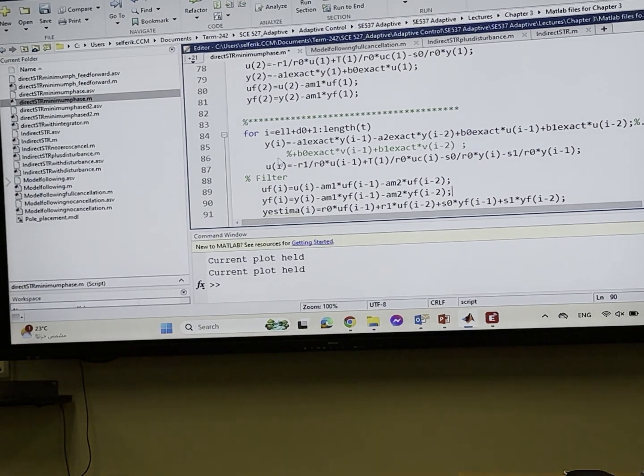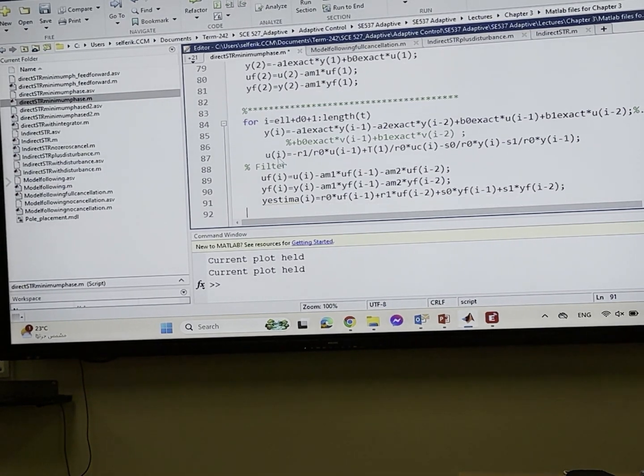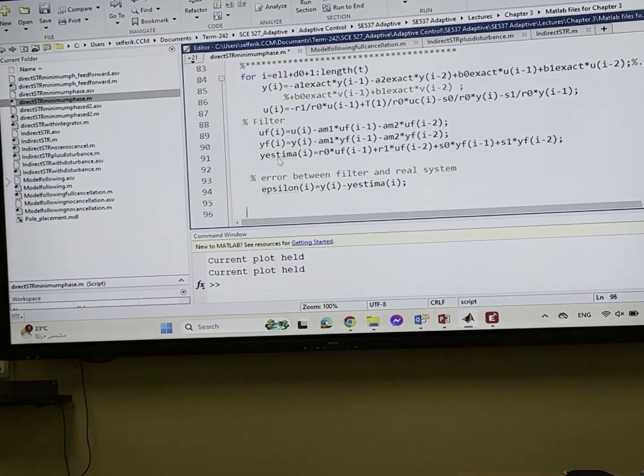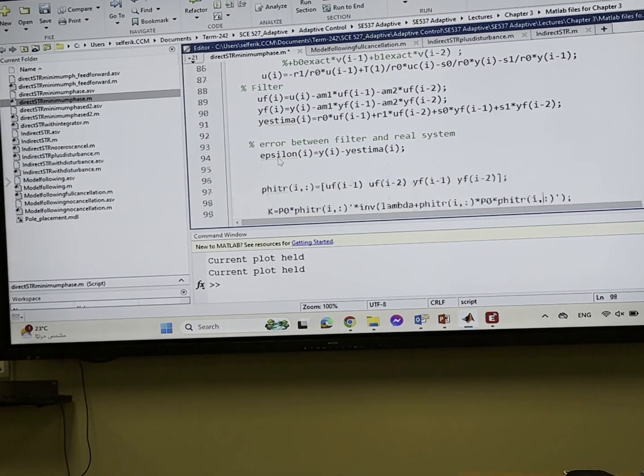So the filter is just a recursion. Then from there, I get my Y estimate based on R0 multiplied by R tilde values and S tilde. I use the error, which is between my estimate and my output. This is my error.